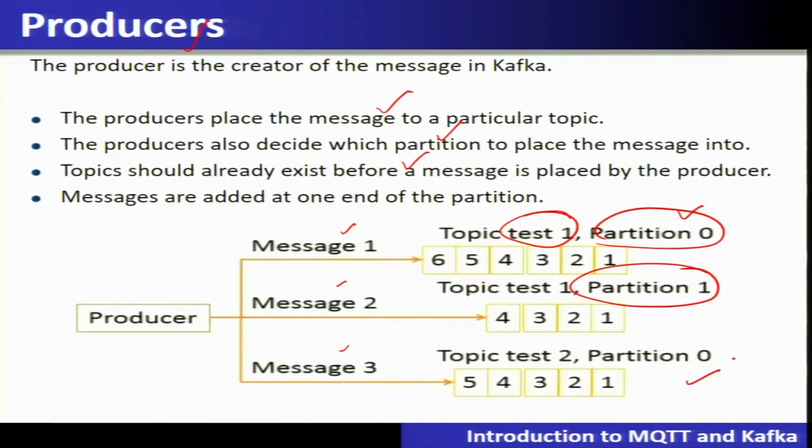What is shown here is that the producer has to know which message and which topic, and for that topic which partition it has to write to. Again, the producer is the creator of the message, and it places the message on a particular topic, so the topic is to be decided first.